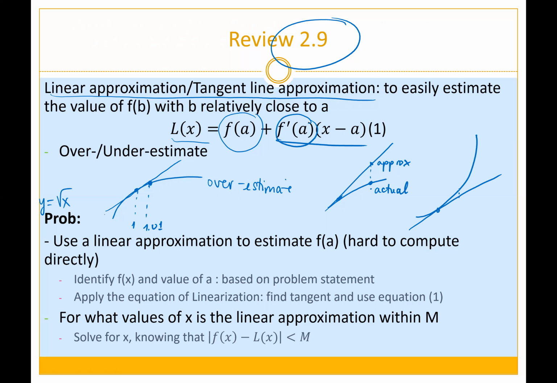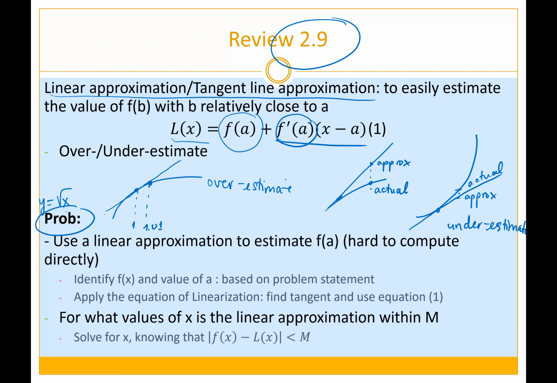This is the actual value and this is the approximate. Then this is an underestimate, because the estimate value is smaller than the actual value. So it's about understanding graph-wise exactly where our estimates are compared to the actual value, how much bigger, how much smaller, and all of that.